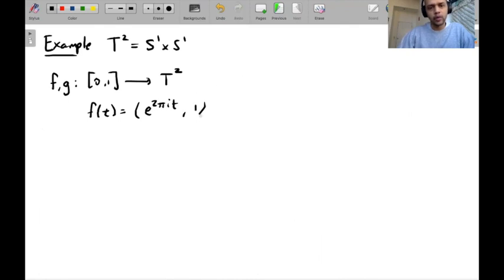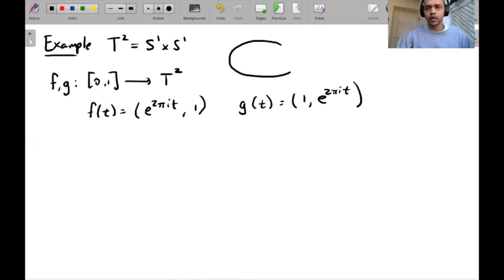I guess it should be 1 if we're on the circle. And G is constant in the first circle direction and traverses the second circle direction. So the picture is, we have one circle direction like this. Here's F, and G is something like this.